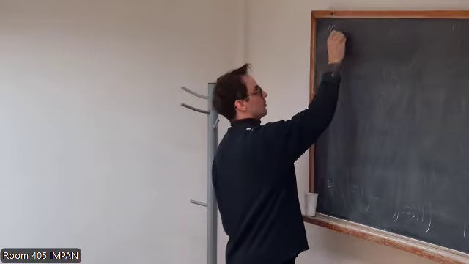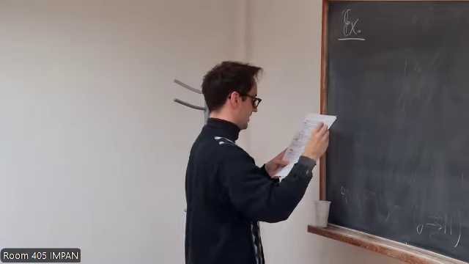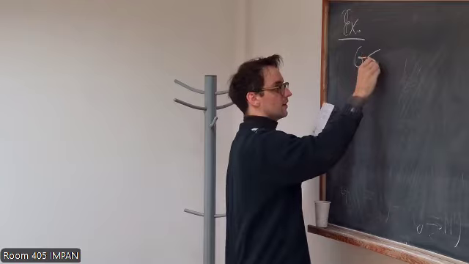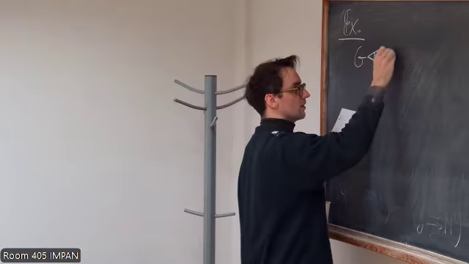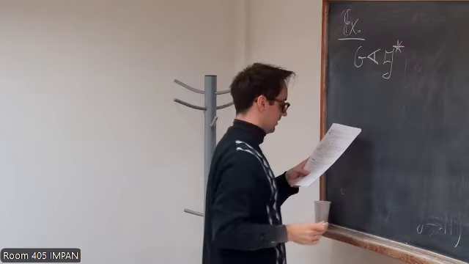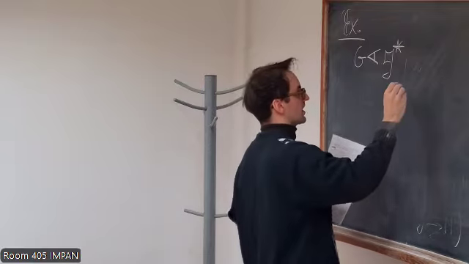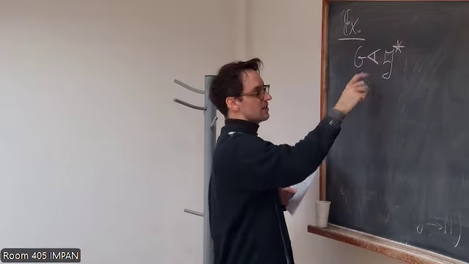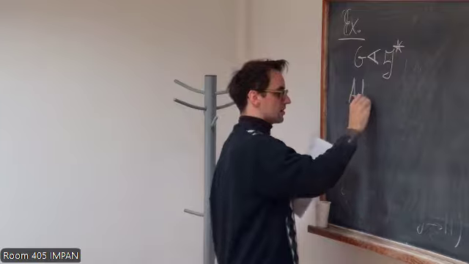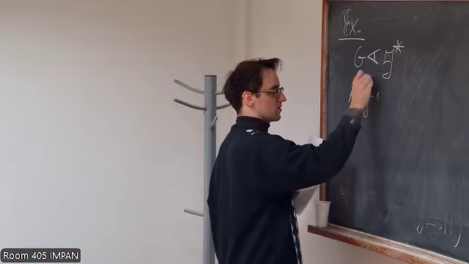Here, another example is the action groupoid, where the action of G on G star is given by the adjoint action.